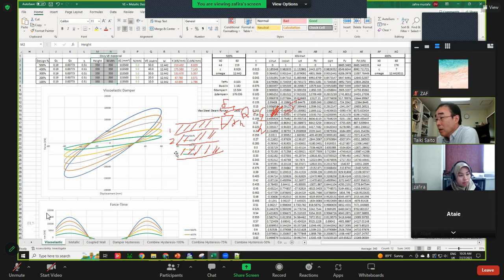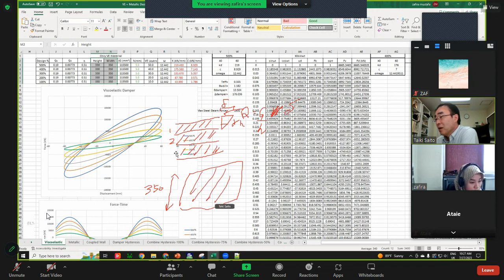Okay, suppose this is 350. Suppose this is one layer, and the deformation is delta, and the angle is here.